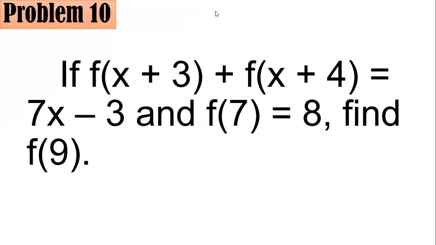Someone said 15. Do you have an answer that's different from 15?